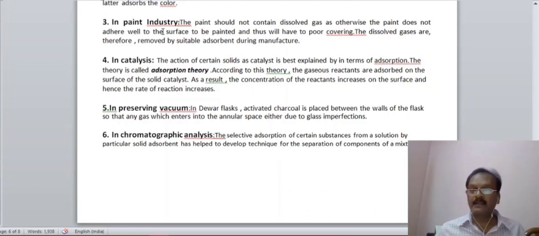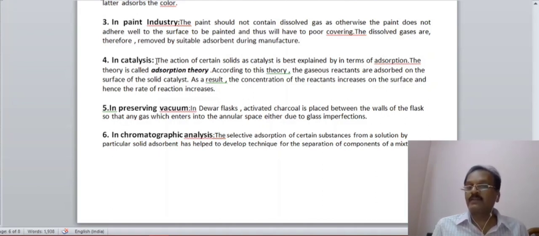And in catalysis, this is the most widely applicable concept. Most of these reactions are carried out in the presence of a solid catalyst, especially when you have a solid catalyst with gaseous or liquid reactants. That means heterogeneous catalysis. Whenever this reaction takes place in the presence of a solid catalyst, adsorption of the reactant takes place on the surface of the catalyst, which causes the reaction to proceed and form a product on the surface of the adsorbent.